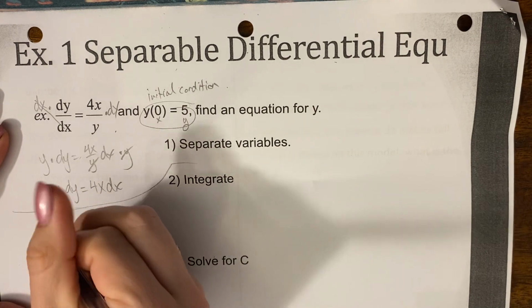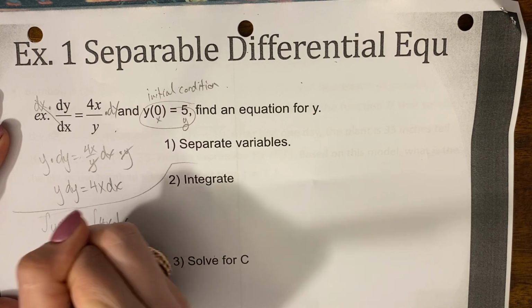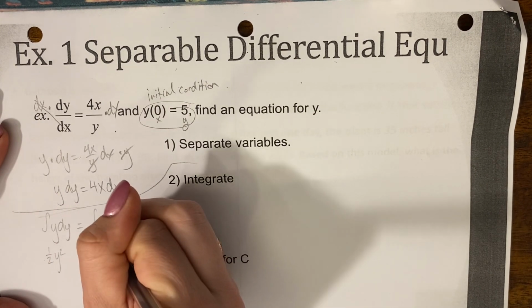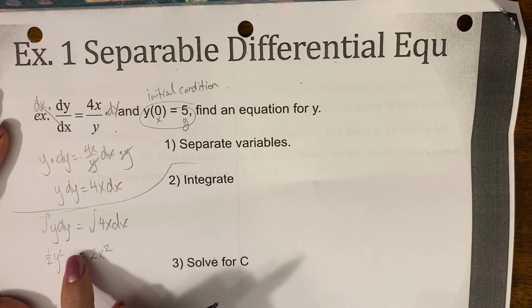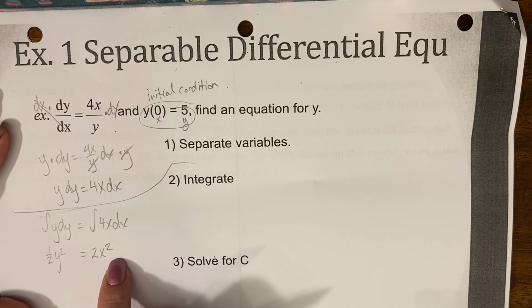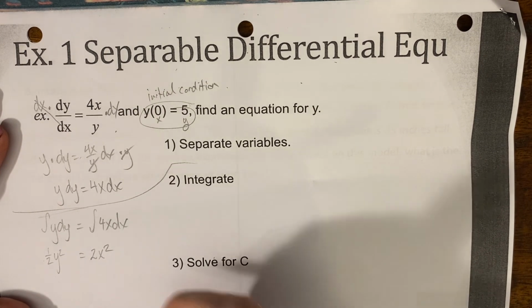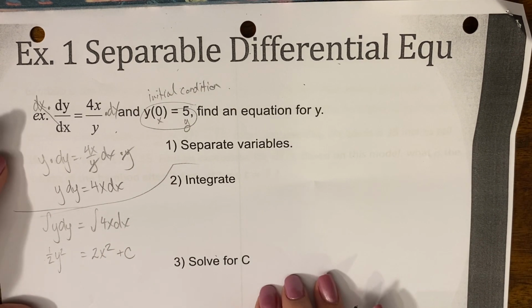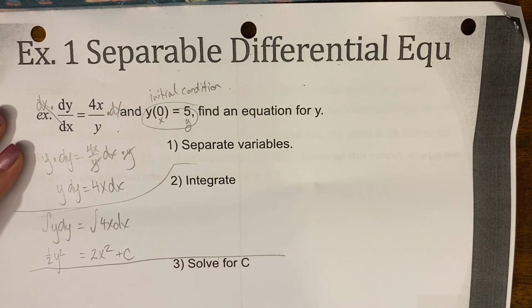So when I integrate, the integral of y dy is y squared over 2 or a half y squared, either way. The integral of 4x is 2x squared. Now I can put a plus c here and a plus c there, like a c1 and a c2, for example, and then I can combine them. We talked about this in class. So I really only need a plus c on one side. So that's the integration step.